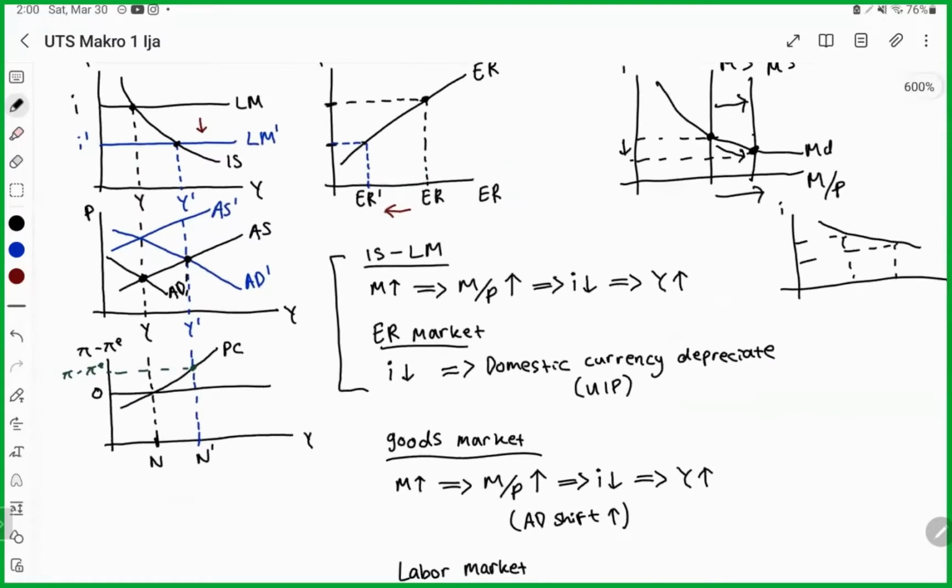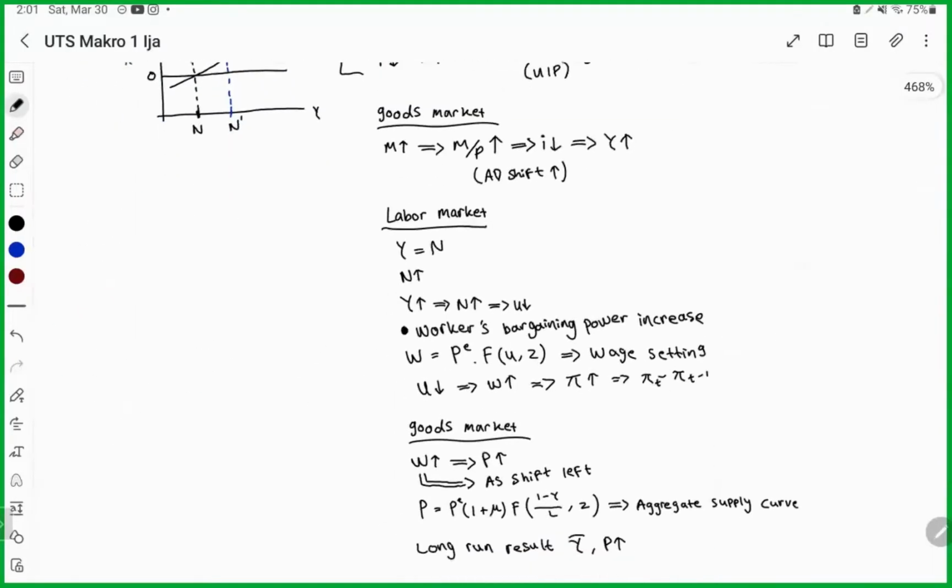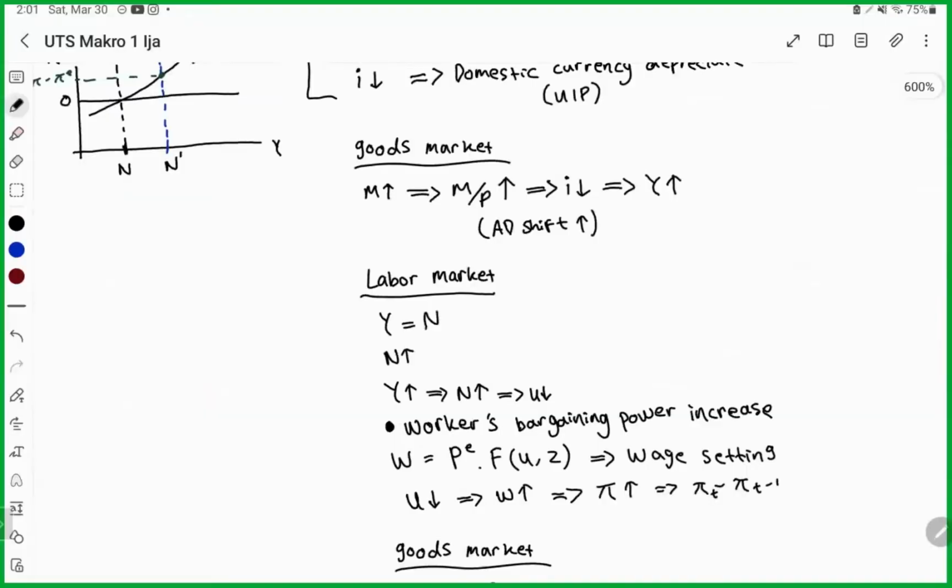Okay, that's from the goods market. So we already know that the LM curve shifts downward, and the aggregate demand shifts to the right. Okay. And then let's continue in the medium run, which is the labor market.